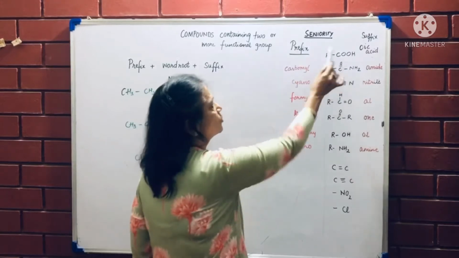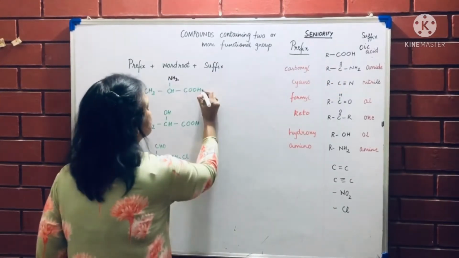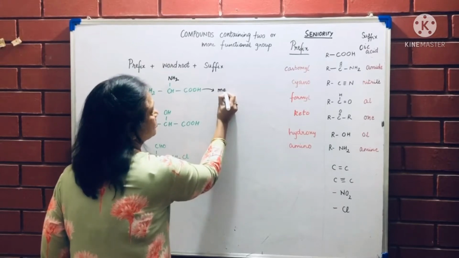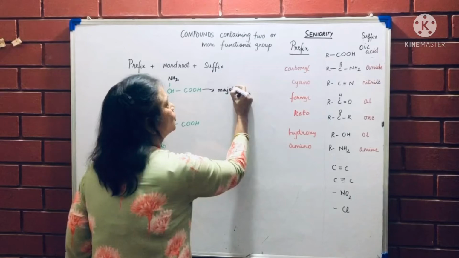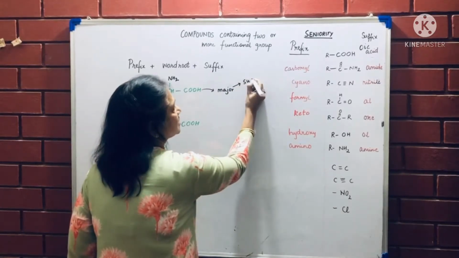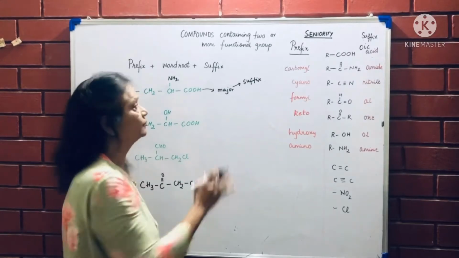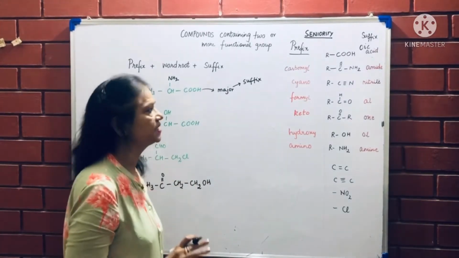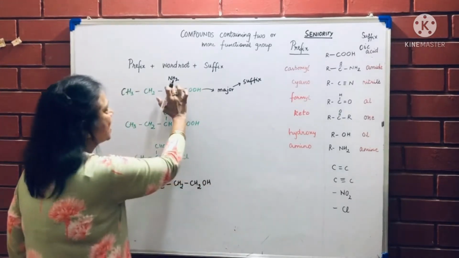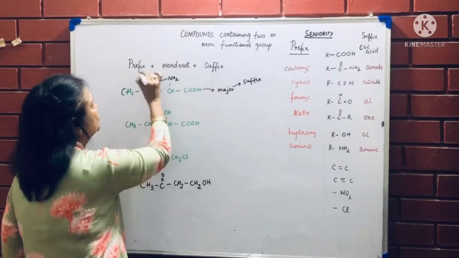So COOH is the major functional group, and since this is the major functional group, it will come in the suffix. The main compound is an acid because the major functional group is COOH, which is an acid. The minor functional group will come in the prefix.